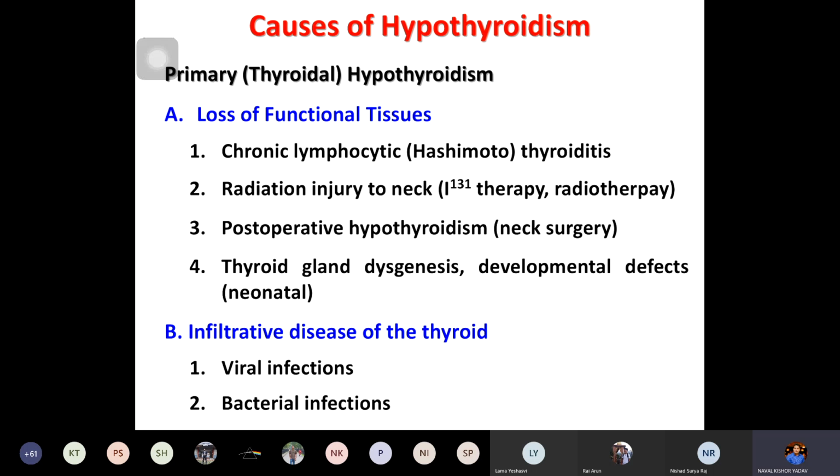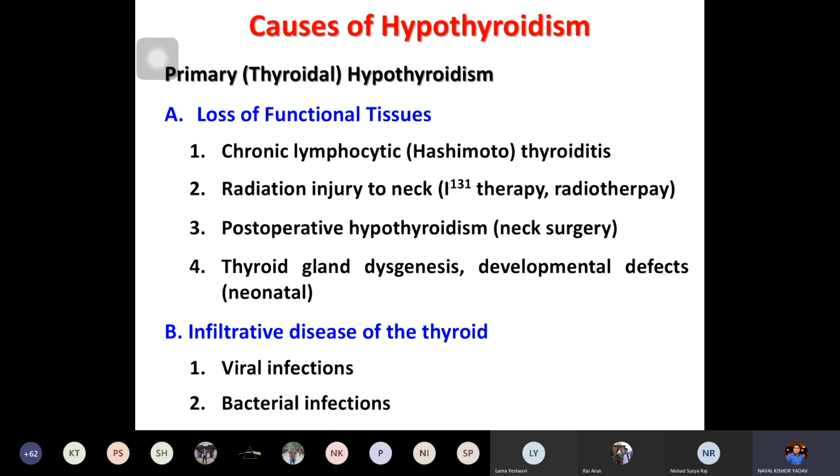You can see the next one, infiltrative disease of the thyroid gland, that may be due to some viral infections and bacterial infections. There are a few viral infections which cause infiltrative disease of the thyroid gland. For example, you can see mumps, influenza virus and other respiratory viruses. Okay, mumps, influenza and other respiratory viruses. There are some viruses which cause infections and lead to infiltrative disease of the thyroid gland.